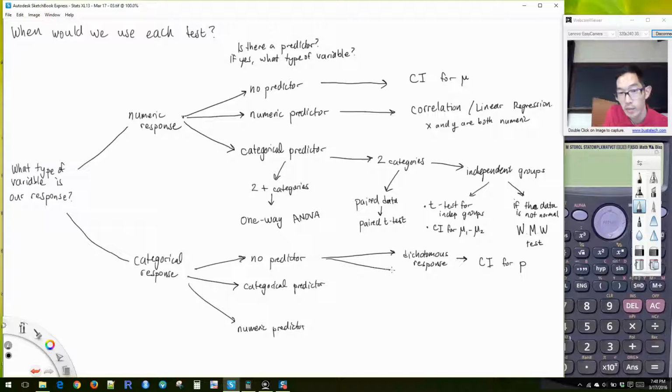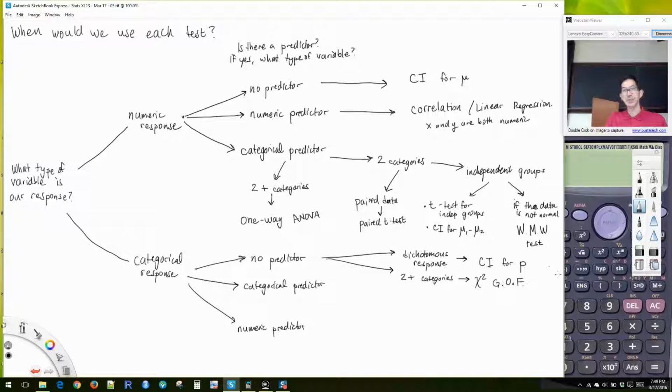And then if we have two or more categories, because we just have a categorical response, and no predictor, what is the test we use here? Chi-squared goodness of fit. Exactly.